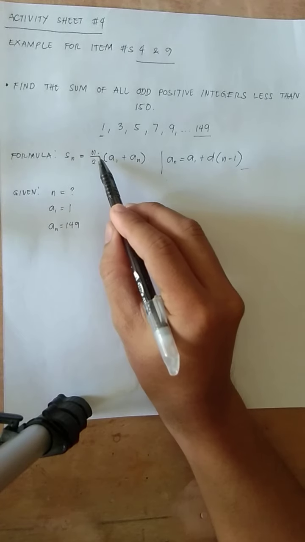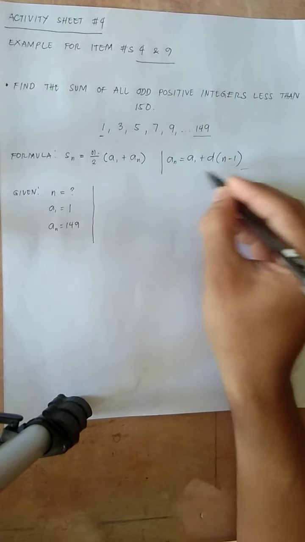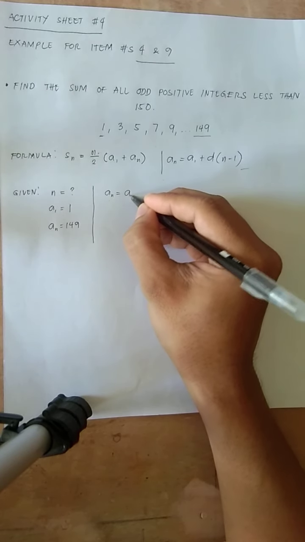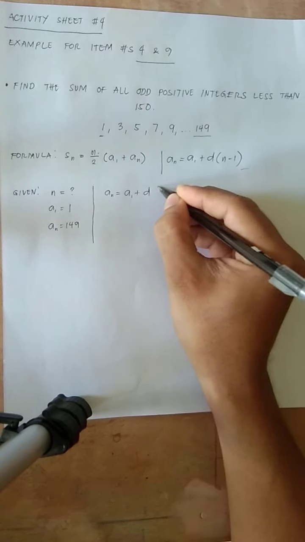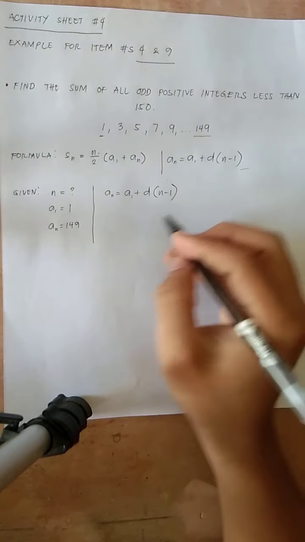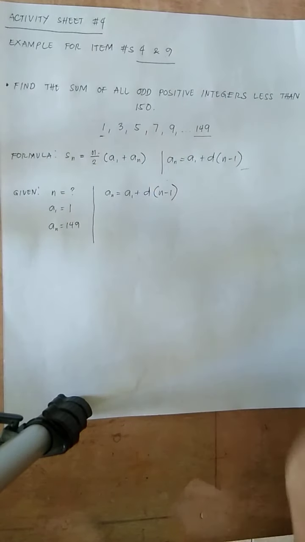In this case, the n. Okay? So let us use this formula, which is the formula for the arithmetic sequence. A sub n equals a sub 1 plus d times n minus 1. Now, what values are we going to use in these variables? Still, the values given on this sequence.